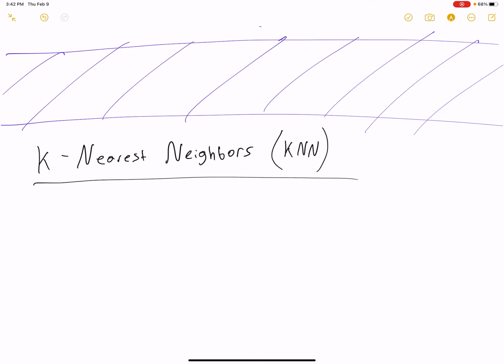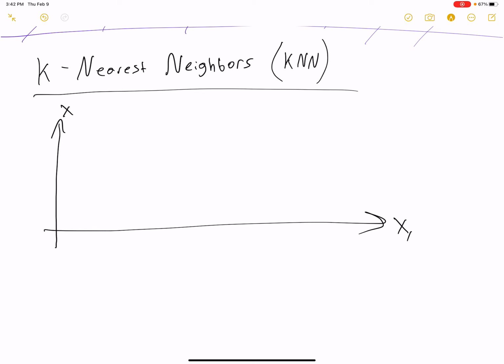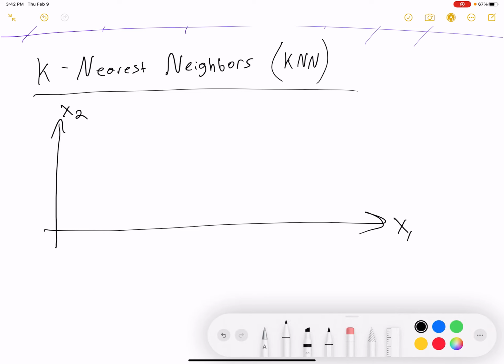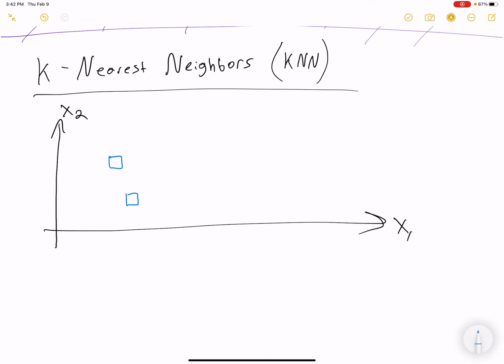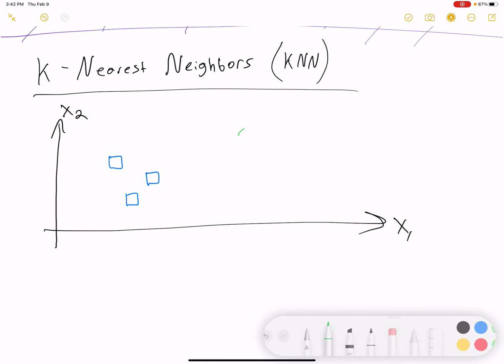But the way it works is that, let's say we have our data set that we're trying to classify. I'm not even going to give an example because I think you understand this idea of classification now.